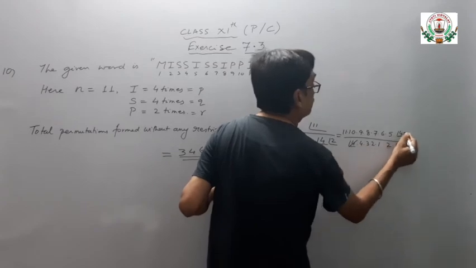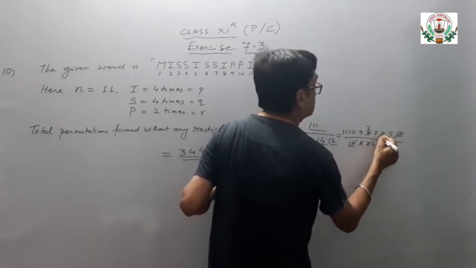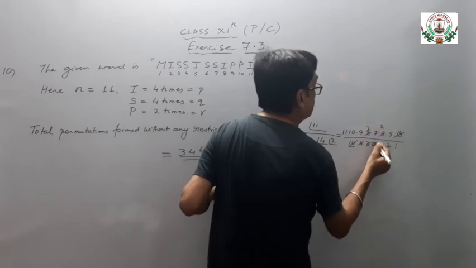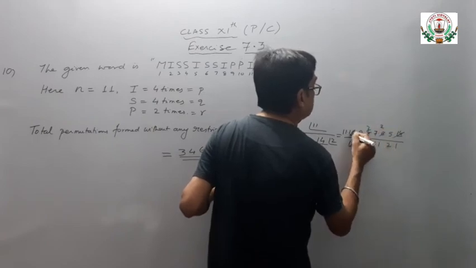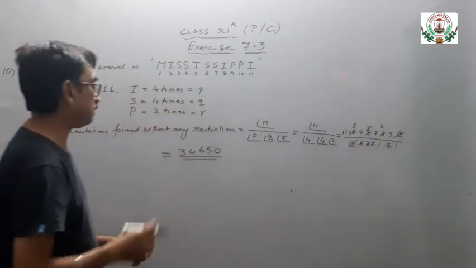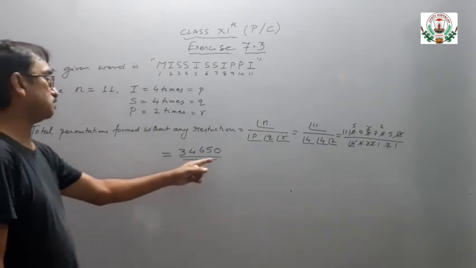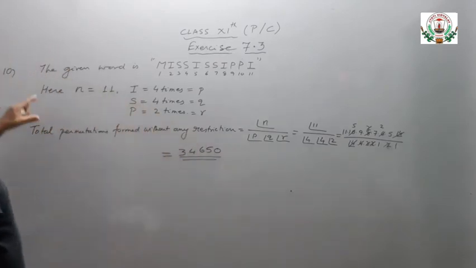Factorial 4 cancels. 4 2s are 8, 3 2s are 6, 2 5s are 10, and the 2 and 2 cancel. Multiplying the remaining numbers, you get 34650.